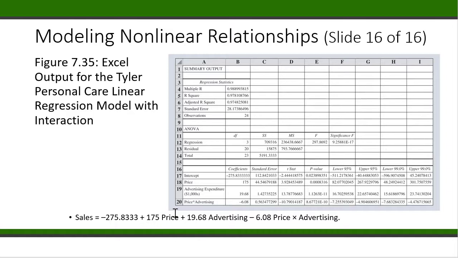So we just plug those in to build our model, and so that's what our model would be. And so as you read along in the book, you note that as the price increases, the more we spend on advertising isn't going to have as great an effect as when the price is lower. So that's what this is capturing here. That's what this beta 3 is capturing.